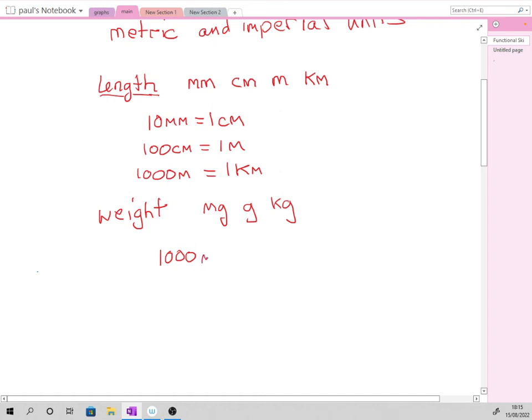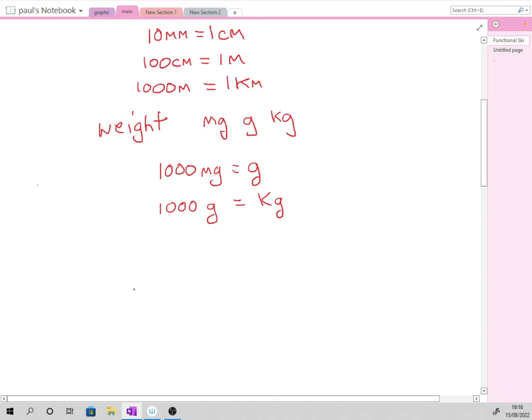There are 1,000 milligrams equals a gram, and 1,000 grams equals a kilogram. So we've got kilo and milli, both meaning thousands. One's a thousandth and one's a thousand times. So if you're going to convert one to the other, we are going to multiply and divide and things like this. We'll do a couple of examples.